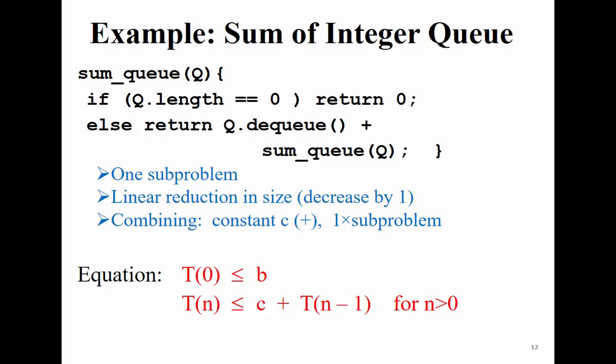In this equation, T of n is less than or equal to c, the time complexity to do the addition. These are constants. And p is different.